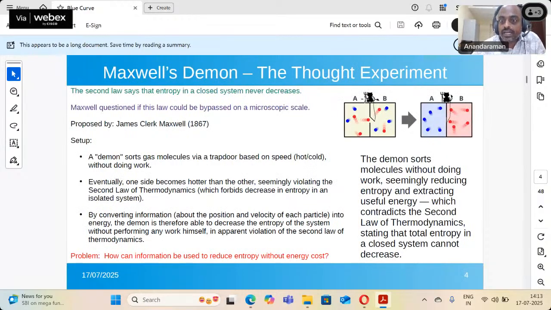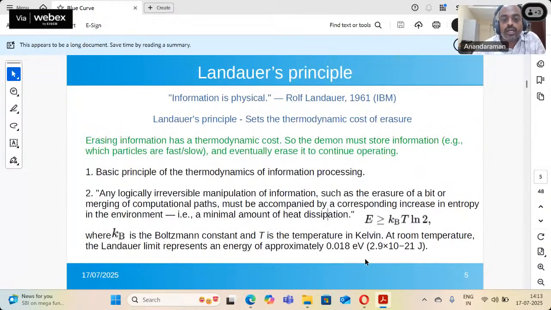That means this much energy is spent. So he is disproving that the entropy can be decreased without doing any work. So that was the second law of thermodynamics. Maxwell's thought experiment was disproved by Landauer's principle, and then it was proved through experiments also.